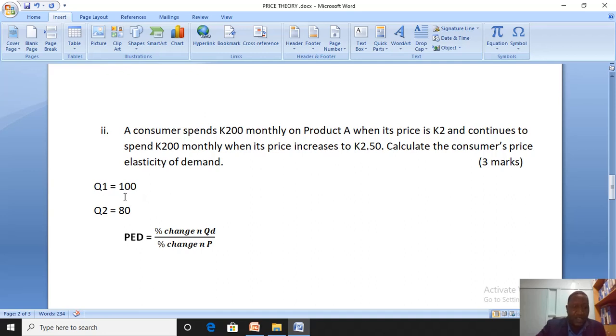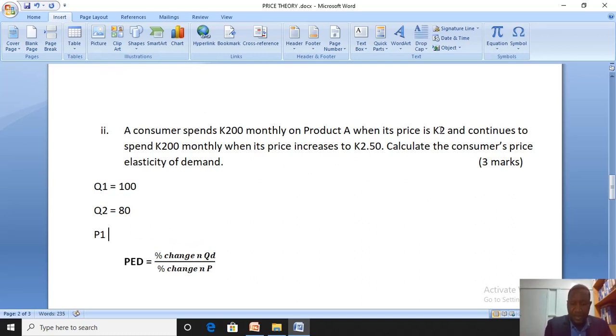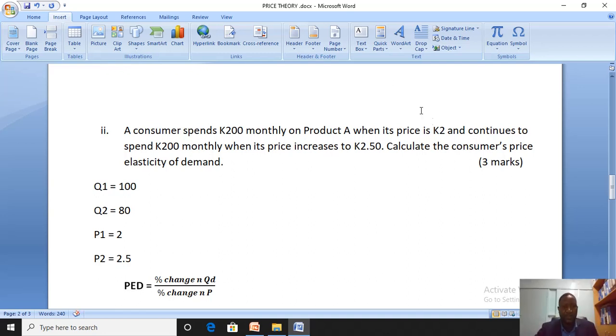So the change in quantity demanded is from 100 units to 80 units, a 20 units difference, and the change in price is from 2 to 2.5. This is our price 1, which is 2 kwacha. Our price 2 is 2.5 kwacha.